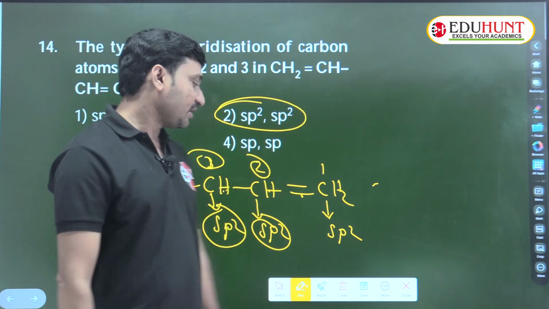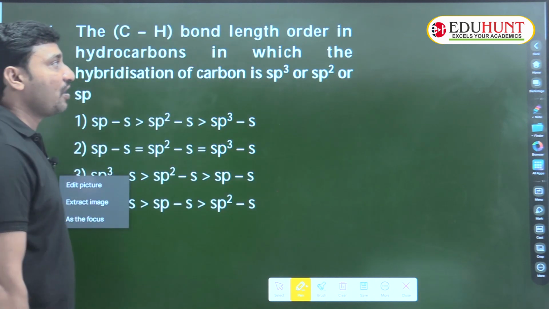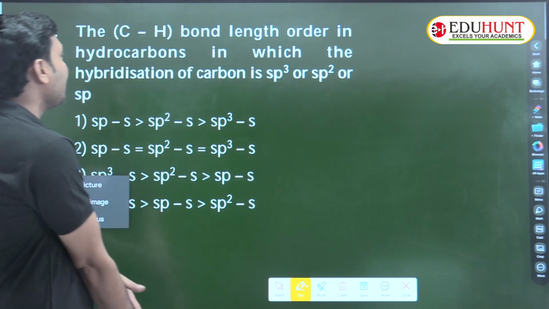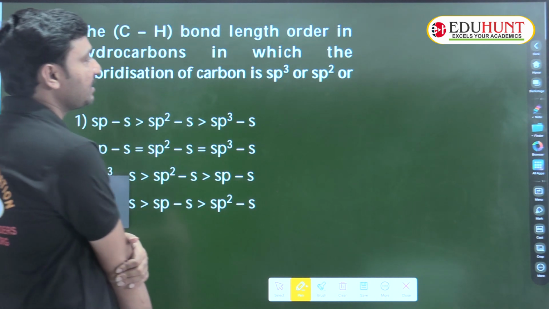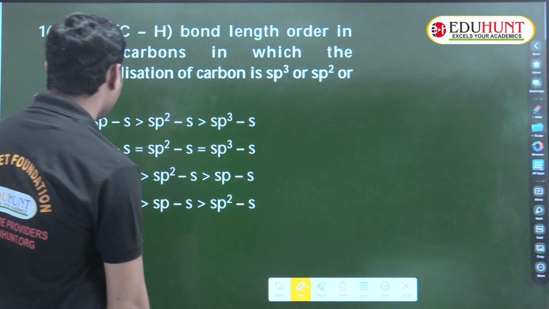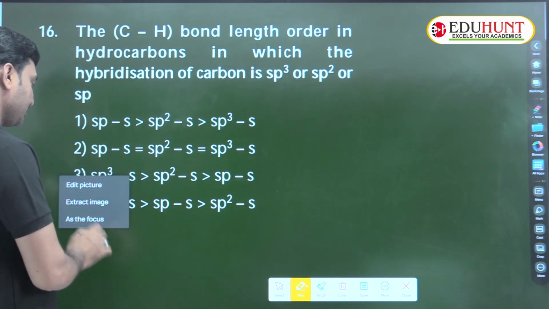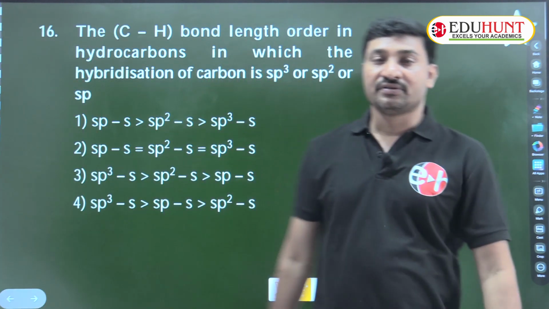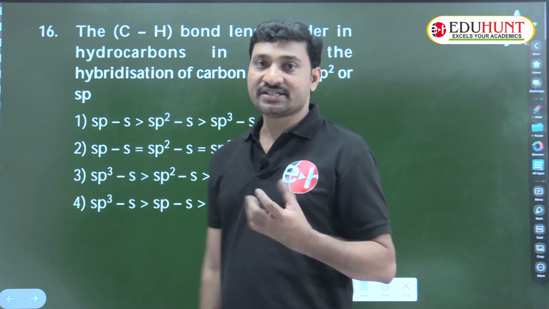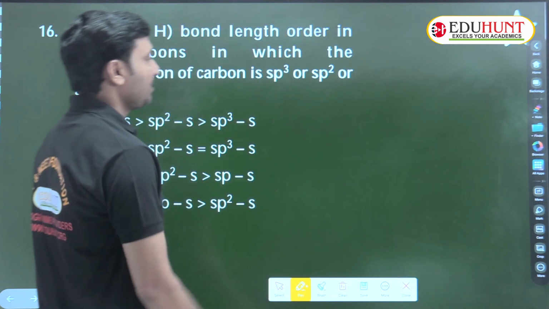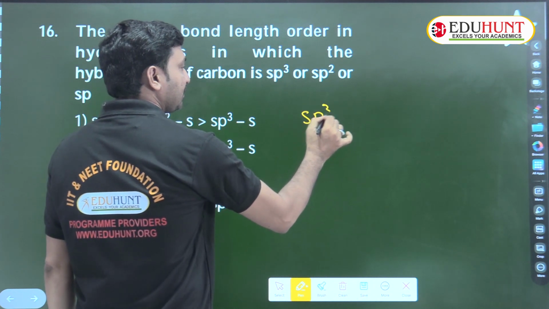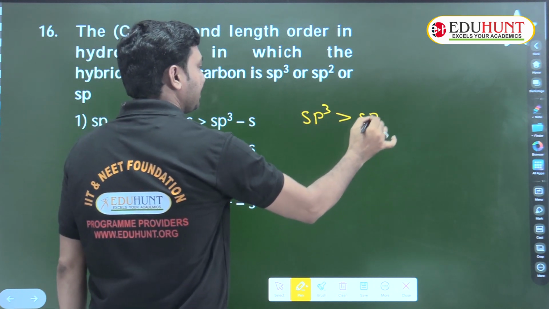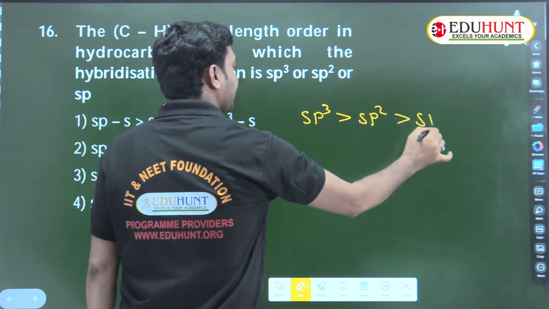Clear? Next one. The C-H bond length order in hydrocarbons in which the hybridization of carbon is sp3, sp2 or sp. In the previous question we have already discussed the size of hybrid orbitals: sp3 greater than sp2 greater than sp.